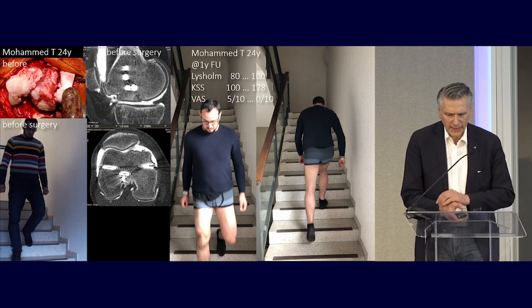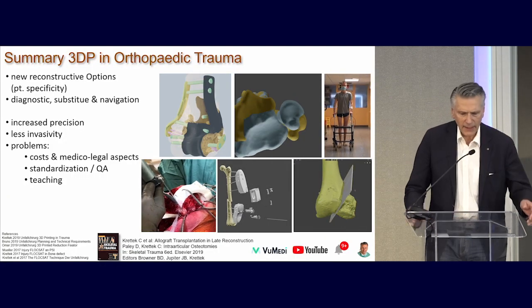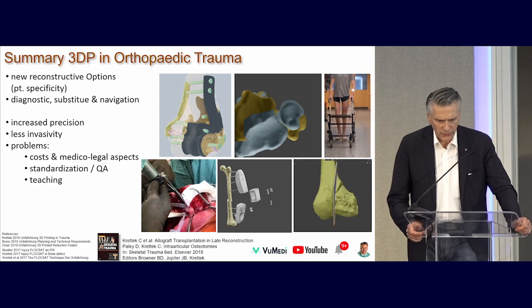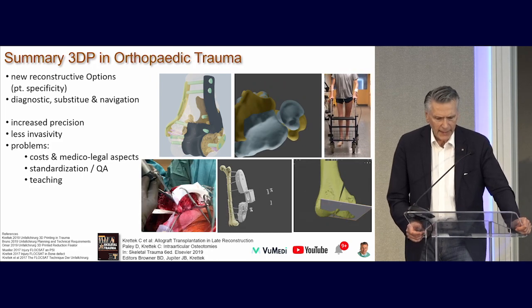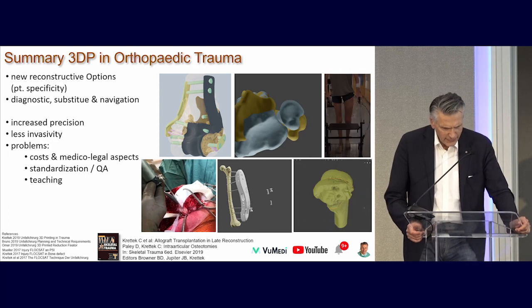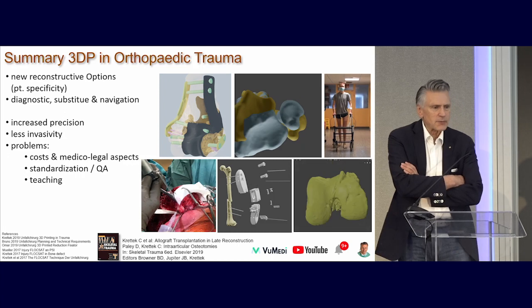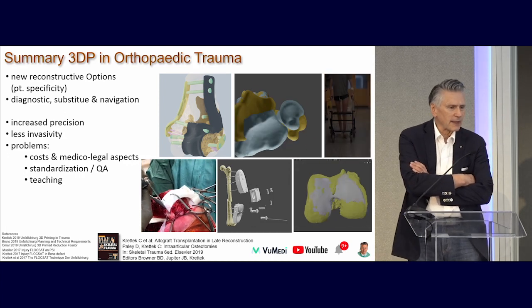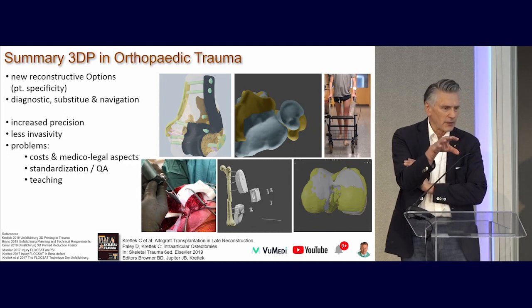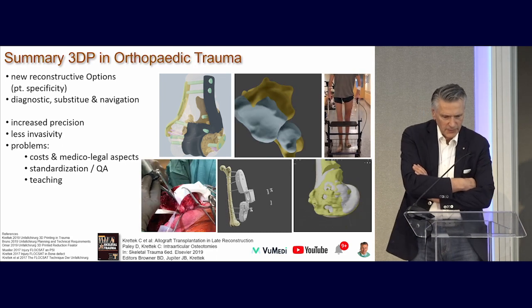So 3D printing can do quite a lot. We gain a lot of new reconstructive options, and patient specificity is something which we also see in other disciplines, like tumor therapies done very specifically on specific patients.